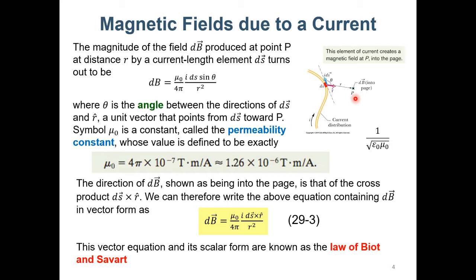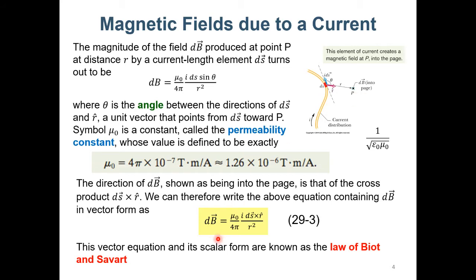If we need to consider the B field generated by this whole wire at this point, we need to integrate dB over all the segments. That is the overall magnetic field.